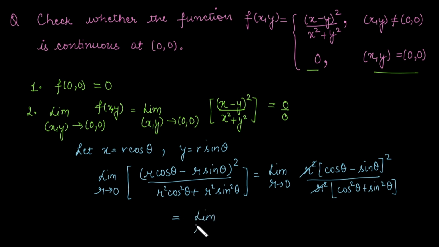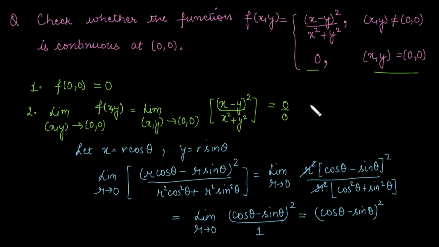We have limit r approaches to 0, cos theta minus sin theta square divided by 1, because cos square theta plus sin square theta is 1. In this case there is no r, or we can say the limit in this case is cos theta minus sin theta whole square. As the limit depends upon theta, it means it is path dependent. So if it is path dependent, it means limit does not exist.